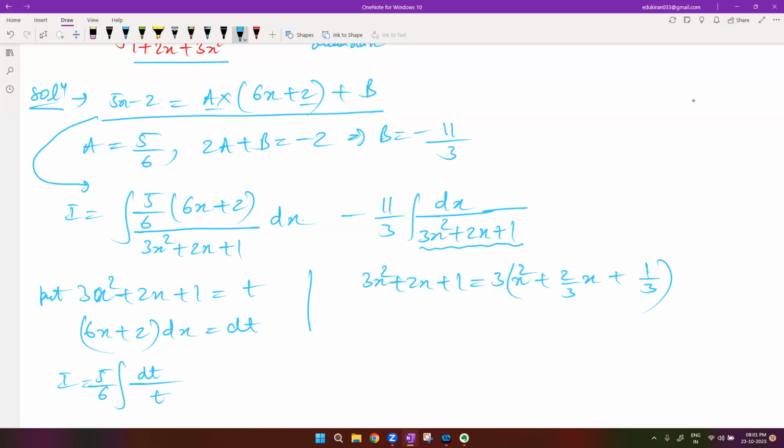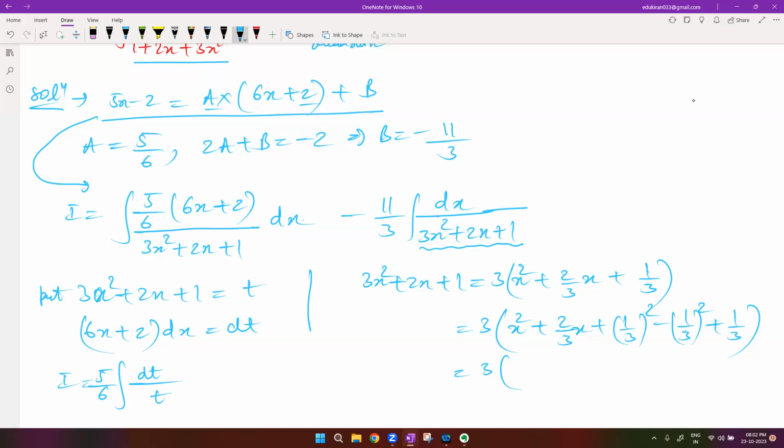Then we take the half of the coefficient of x. In this case, the coefficient of x is 2 by 3. Half of it will be 1 by 3. Right? So we take 1 by 3, add its square, and also subtract the same square from the equation. Why did we do that?